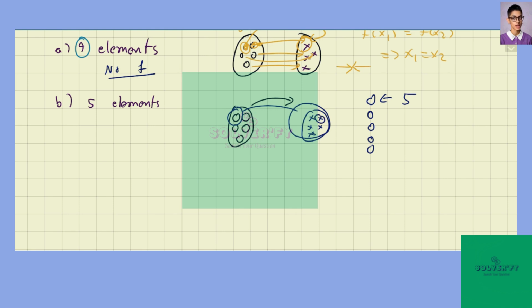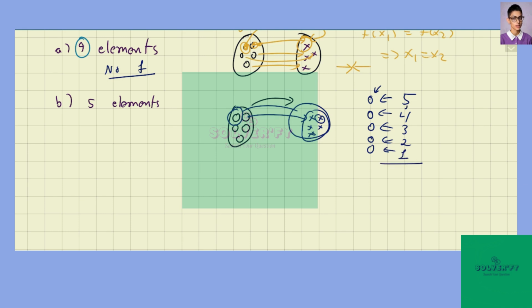We cannot assign the same element to 2 elements in the domain. So if you assign one element to this first hole, then you cannot assign the same element to the second one, or to another element in the domain. So now here you have 4 possibilities, and then for the next you have 3 possibilities, and for the next you have 2 possibilities, and for the last one you have only 1 possibility.